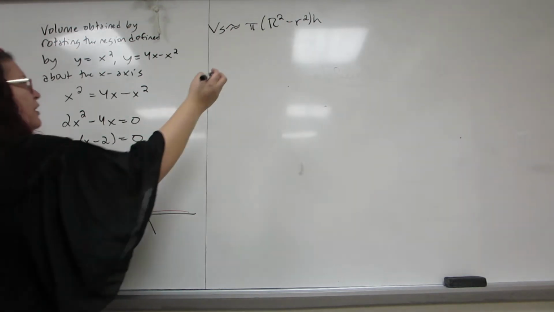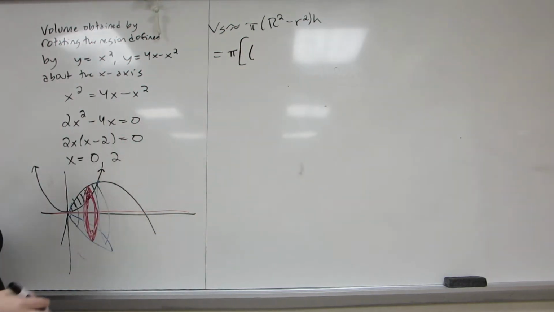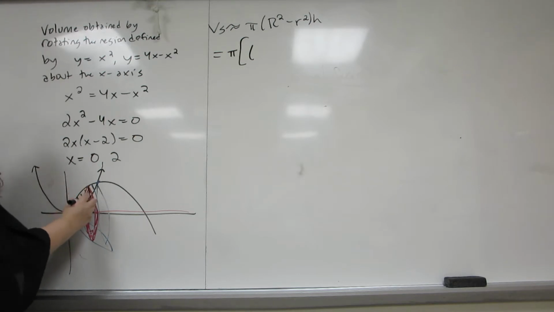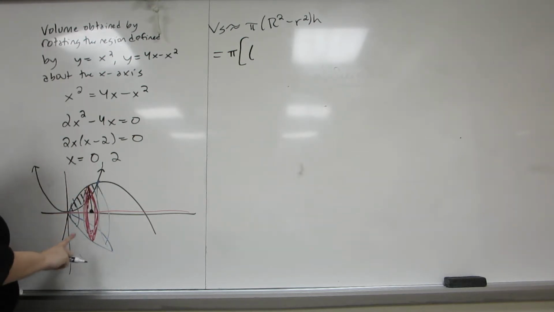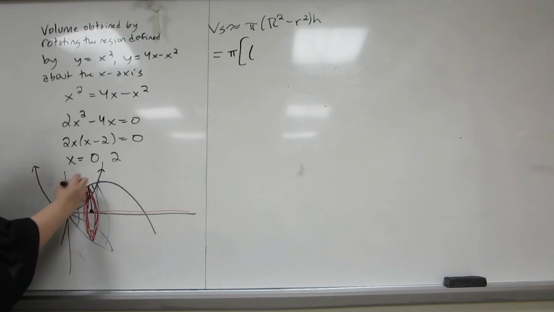Okay, so now I need to plug things in here. As I just mentioned, capital R is the big radius. That is, starting from the center of my washer and going towards the outside. And once again, I chose to go up because I want to go through the original region. Now, if you look at that, that looks like a y-coordinate of this curve.